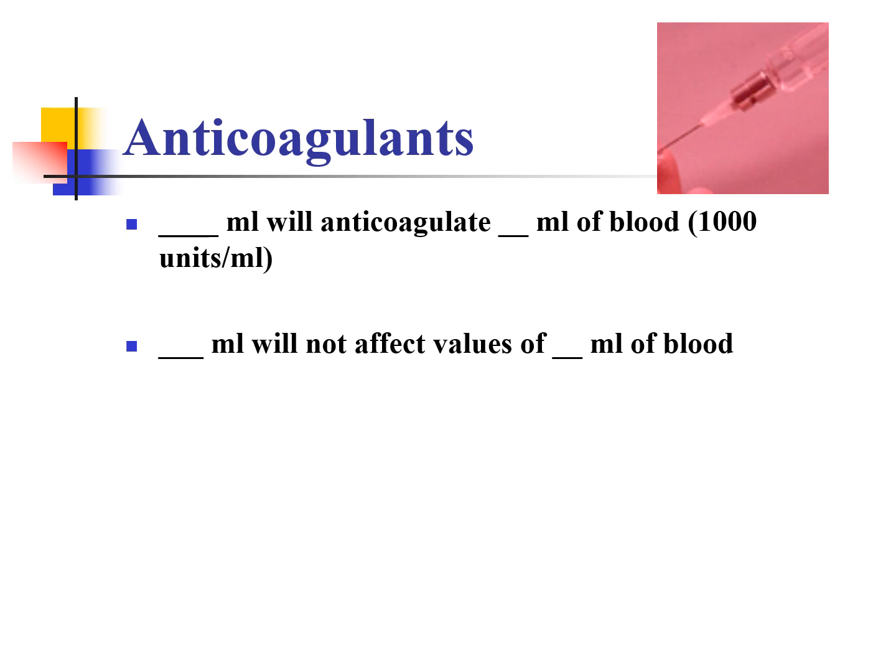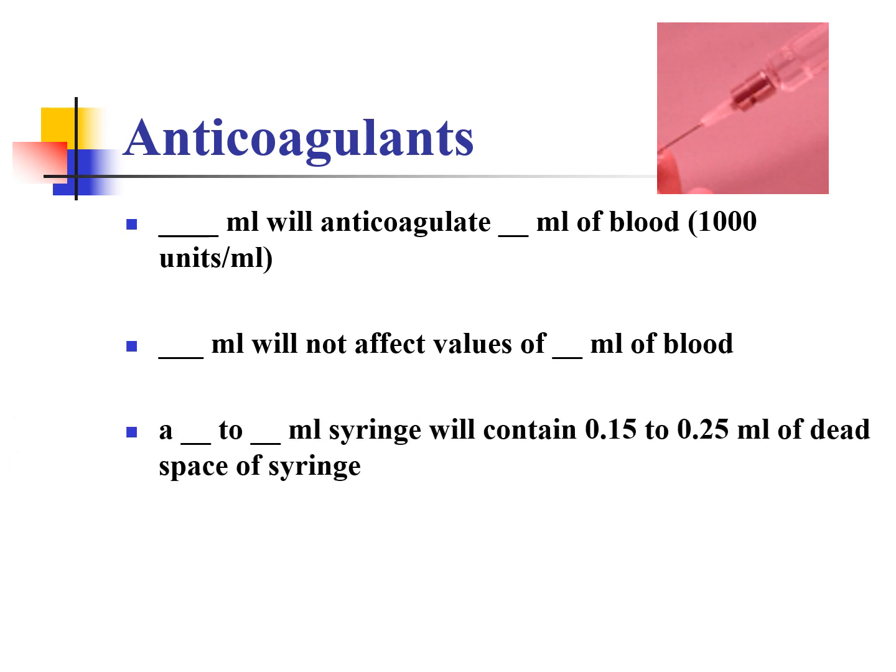0.1 mL will not affect values of 1 mL of blood. So when you're looking at a 3 to 5 mL syringe, it contains 0.15 to 0.25 mL of dead space in the syringe.